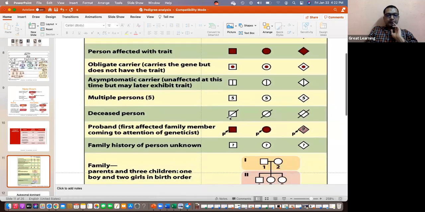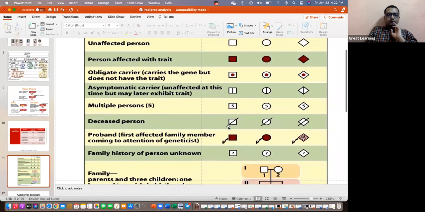This one is important: a deceased person. If you strike off these symbols, it means the person is dead. So in a family, if someone died from the disease, they normally show it like this. They strike it off like this, meaning that person died from that problem.